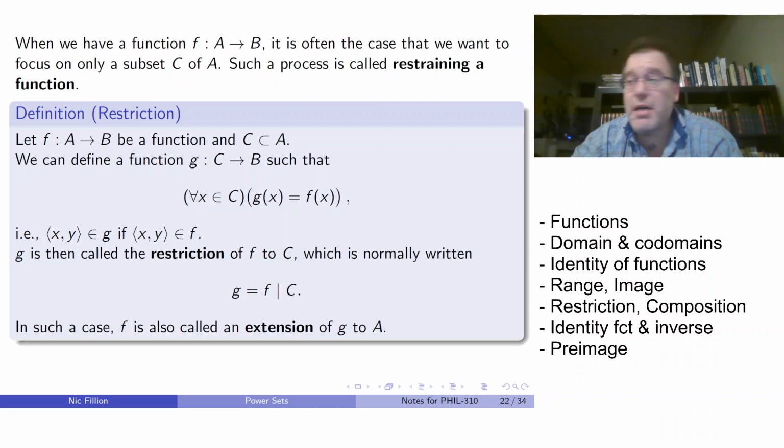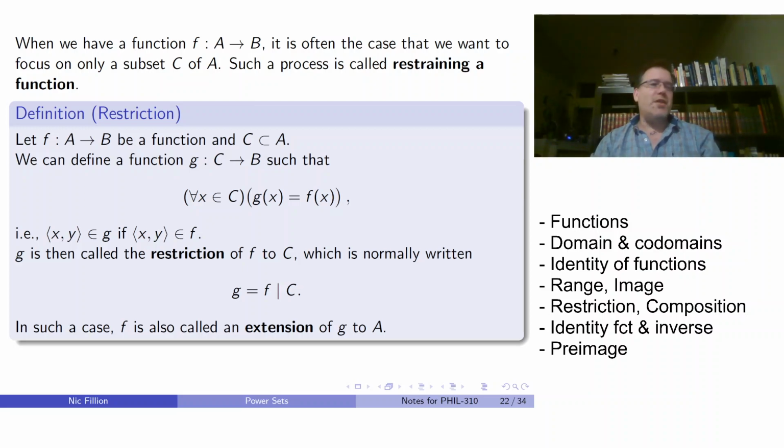Now that we've talked about our range, our image, we're gonna talk about another manipulation that we do with functions, which is restricting them. So if we have a function f with domain A and codomain B, often we're not really interested in the entire domain A. We really want to focus on just one subset of the domain, all right?